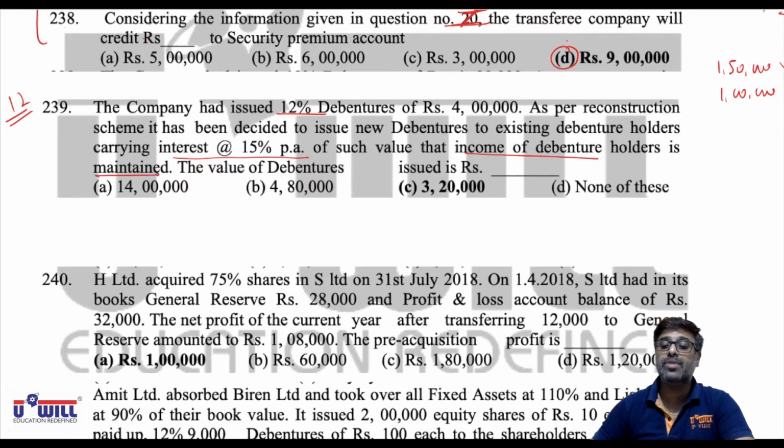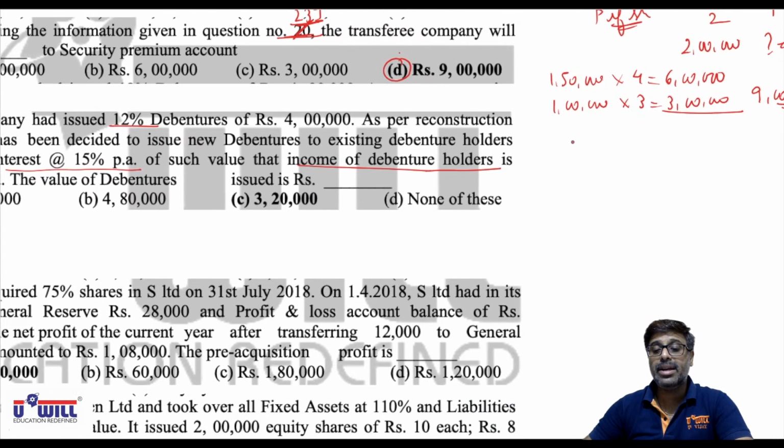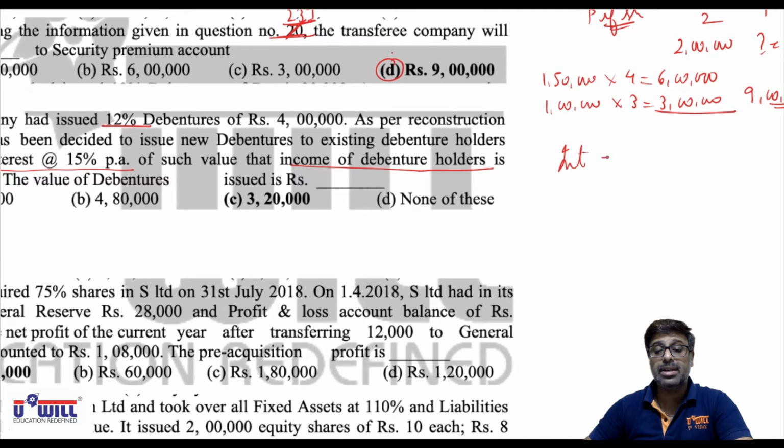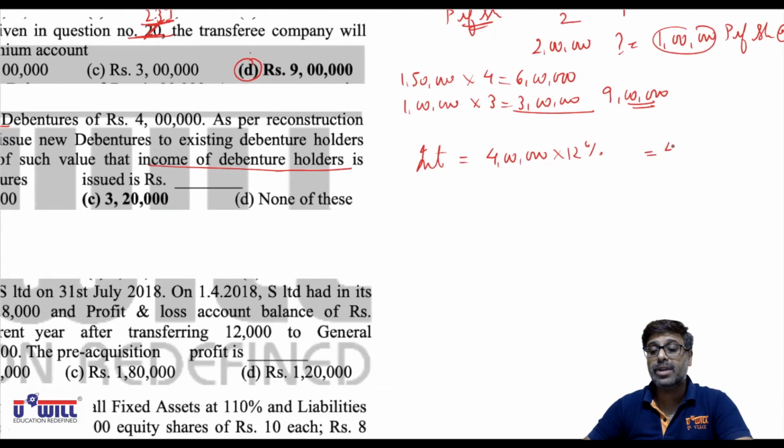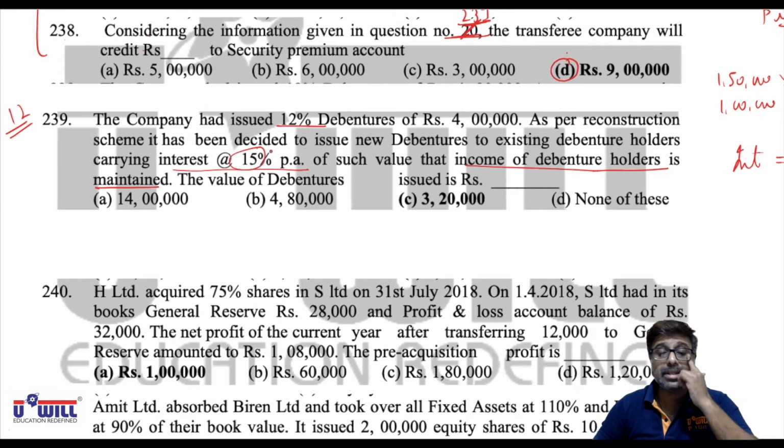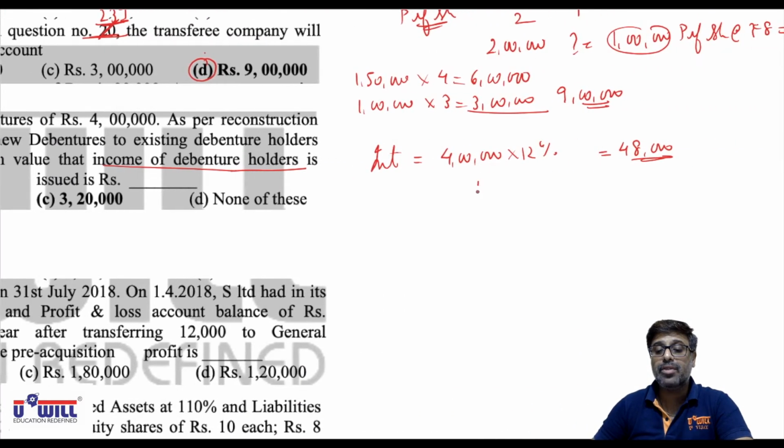This working we have also been doing in the amalgamation chapter. Presently, what interest are the debenture holders earning? 4 lakhs into 12%. Presently, they are earning 48,000 of interest. Now, in the new company, they'll get 15% interest and still they want to earn 48,000 only. So, if interest is 15, face value is 100.